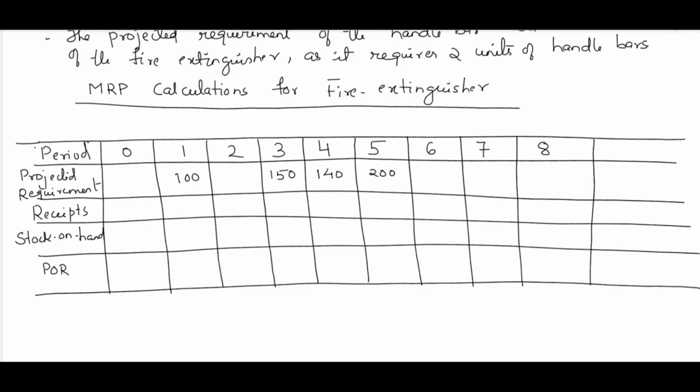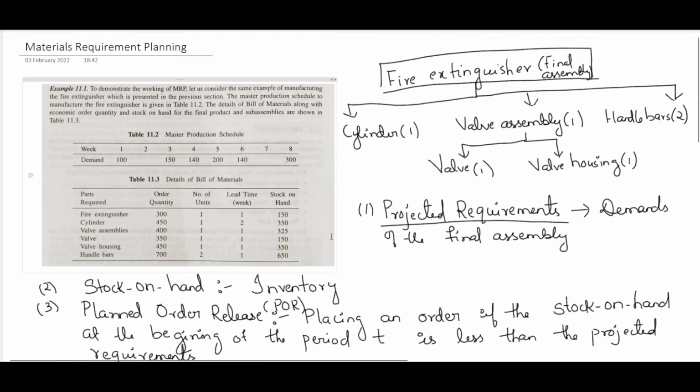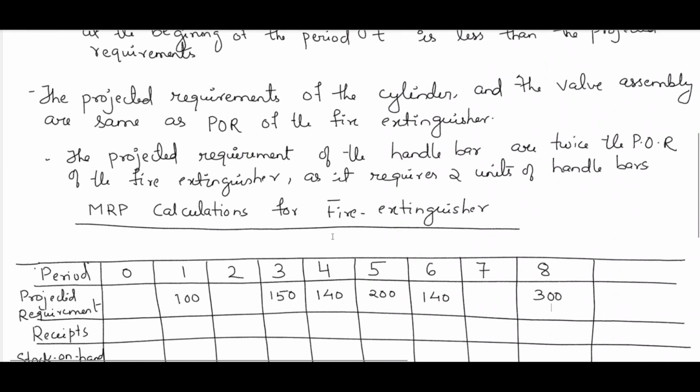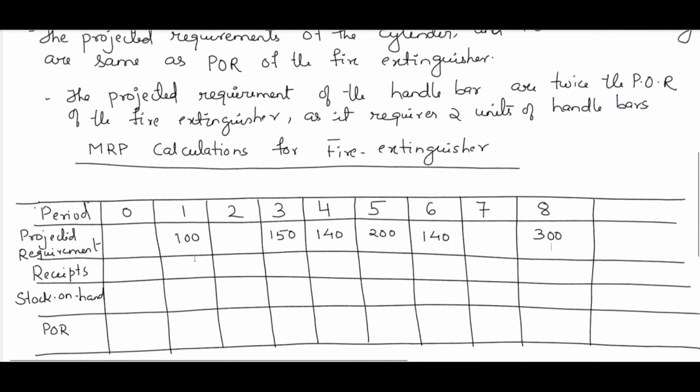Then for the sixth week it is again 140 and the eighth week it is 100. So we have just put in the demand for the MRP calculations.